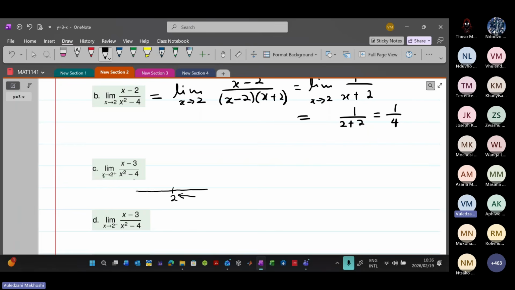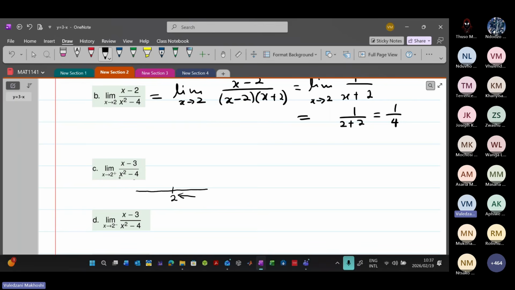But when we are getting closer and closer to 2, x squared minus 4 is getting closer and closer to 0. But what we are interested in is what kind of number is getting closer and closer to 0. Is it positive? Is it negative?